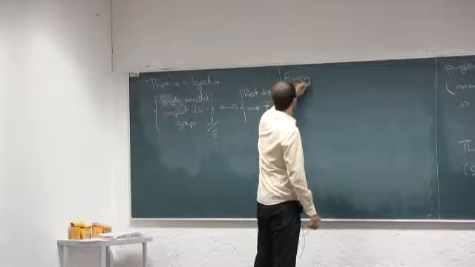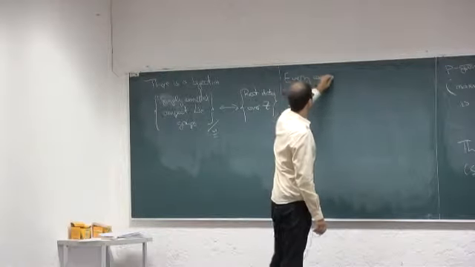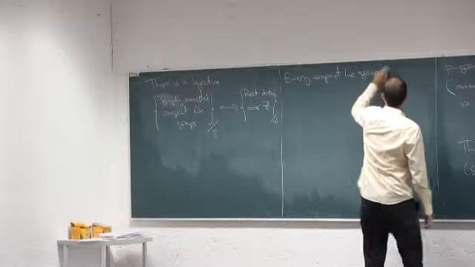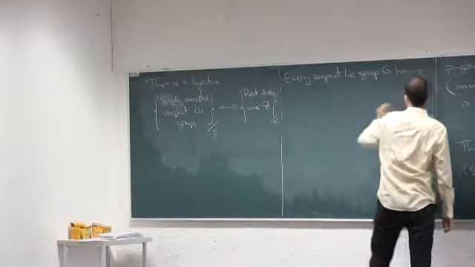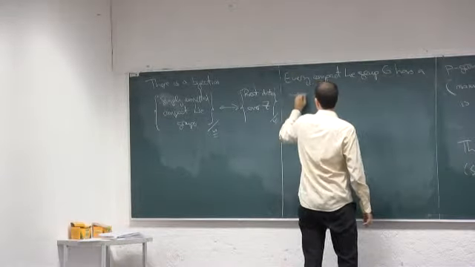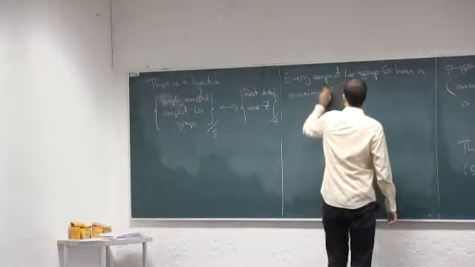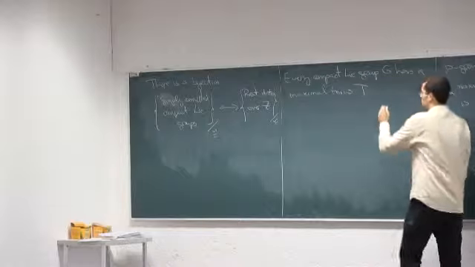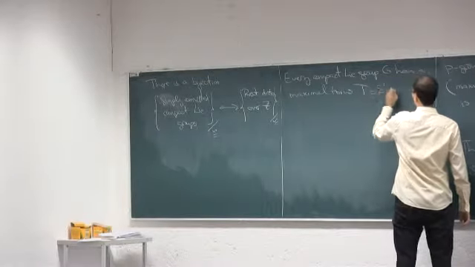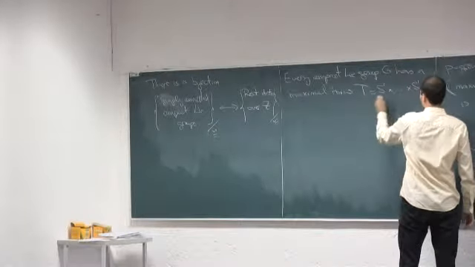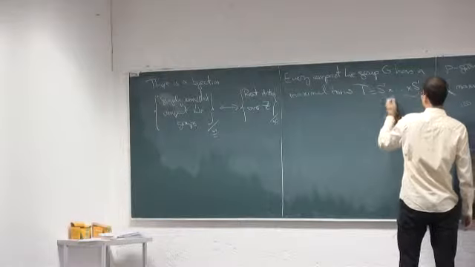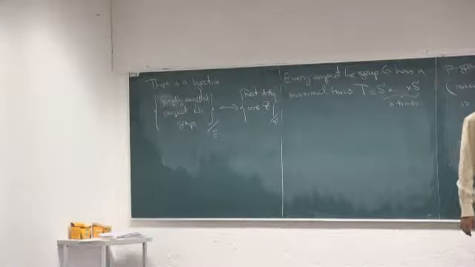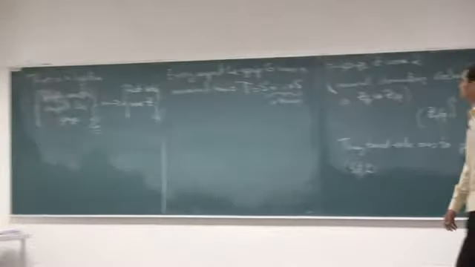Every compact Lie group G has a maximal torus T. T is just a product of circles, say n factors, okay?